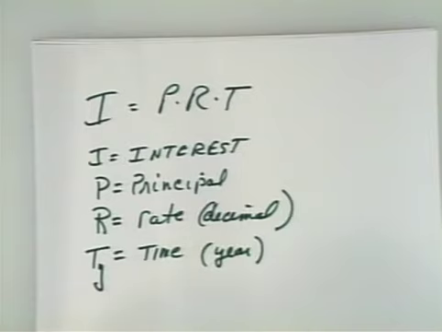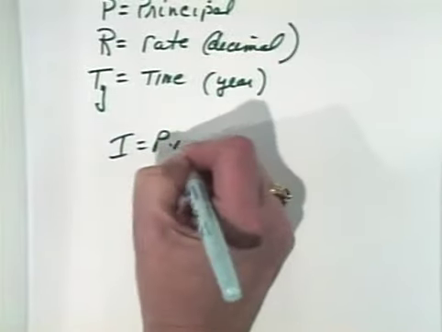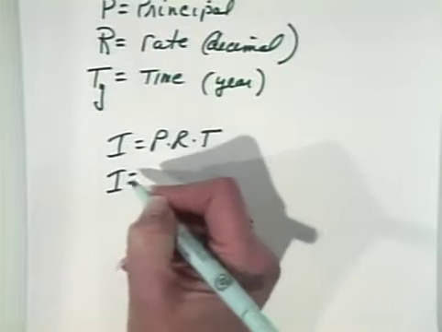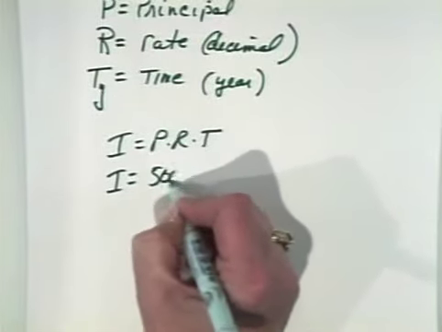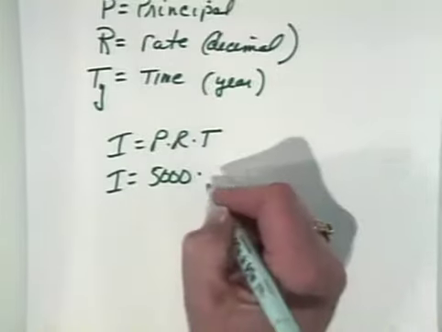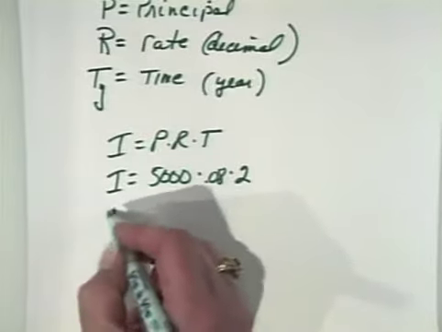We're going to find the simple interest on $5,000 at 8% for 2 years. Begin by writing down the formula, which you're going to memorize. The interest is going to be the principal that I borrow, $5,000, times the rate, 8%, so I'm going to change that to a decimal, 0.08, and the time is going to be 2 because it's already in terms of a year.